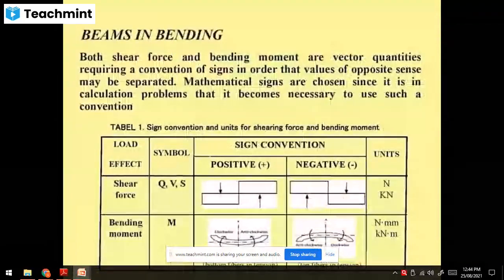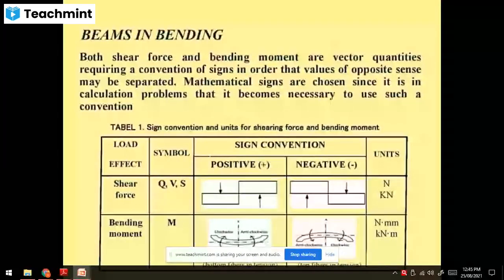Now we will proceed to shear force and bending moment. We must know the types of beams, the types of loading, and the types of supports before going for shear force and bending moment.